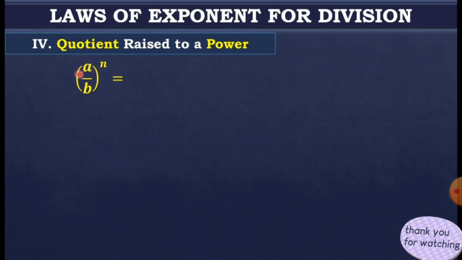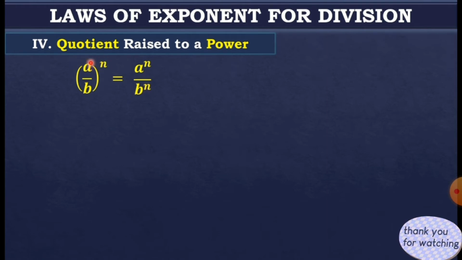So just like sa idea ng product law or product raised to a power na i-distribute si n sa loob ng parenthesis. So which means the exponent of A will be multiplied by n. The exponent of B will be multiplied by n. So, i-distribute lang natin si n sa numerator at sa denominator. So, magiging A to the n over B to the n.